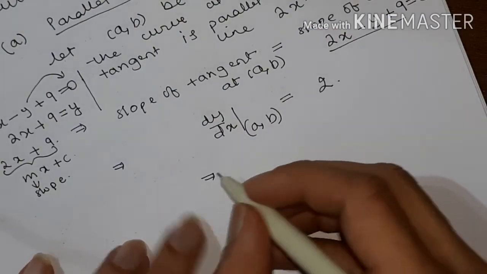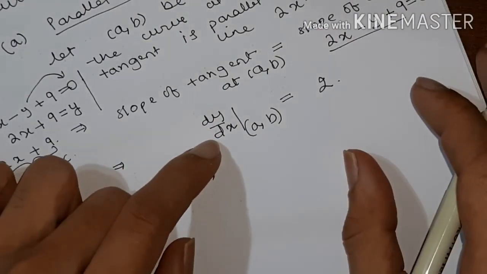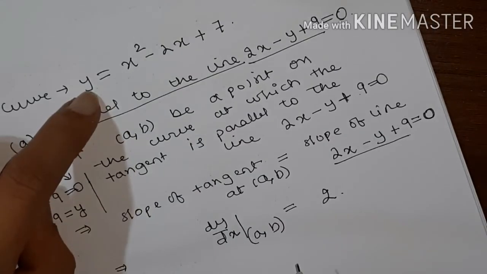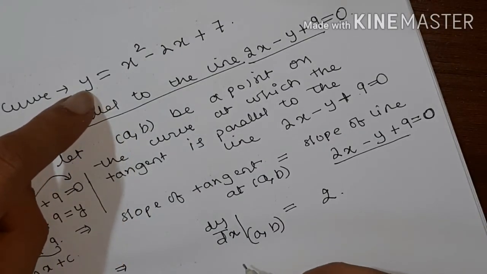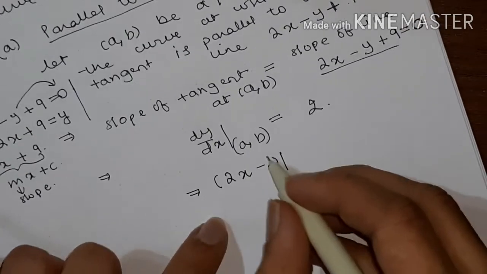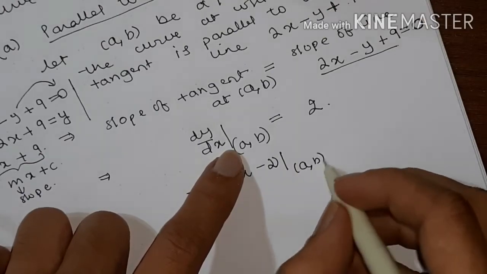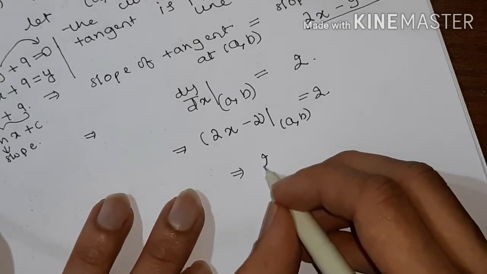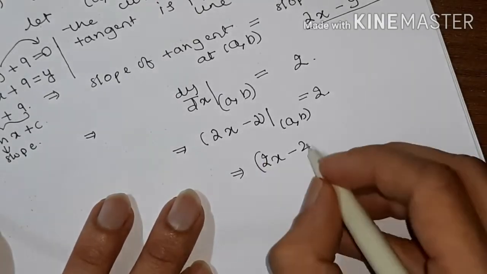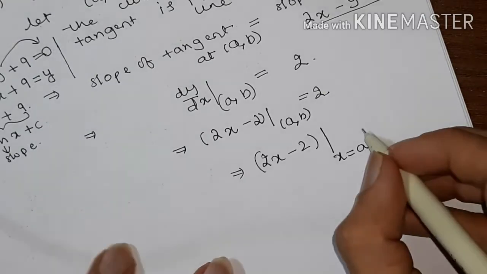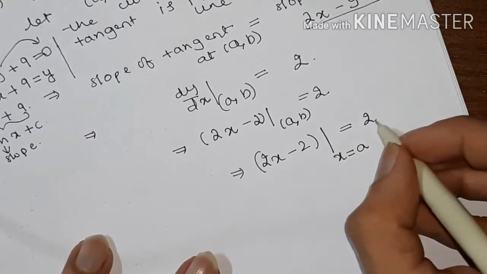Now for dy by dx at (a, b), we have to find the derivative of this with respect to x. So what is that? 2x minus 2 at the point (a, b), equal to 2. That is nothing but 2x minus 2 at the point x equal to a, which is equal to 2.